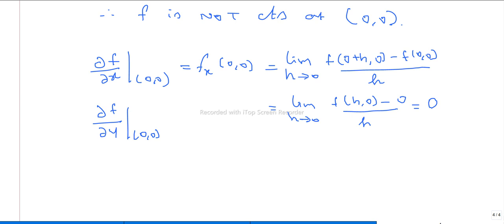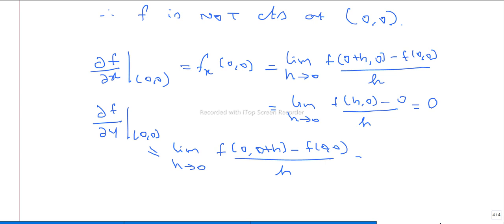Now we similarly check for the other. This is the limit as h goes to 0 of f(0, 0 plus h) minus f(0, 0) by h, where now the second variable is varying. Again f(0, h) is also 0, because one of the coordinates is 0, so the product is 0, and we get 0.